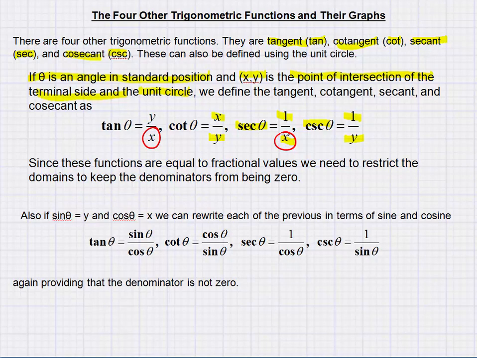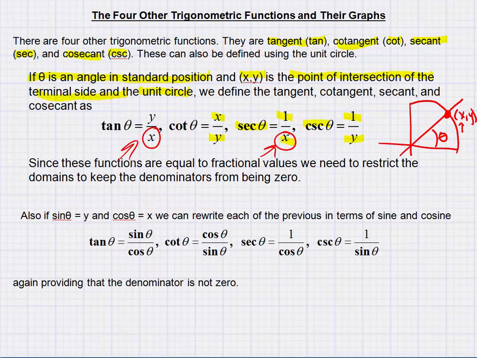If we have a graph like this, and we have this unit circle, and we have our angle, theta, that angle hits a point, (x, y). If that x coordinate for this point is ever 0, then these 2 functions would have 0 in the denominator, and if they have 0 in the denominator, these would be undefined.